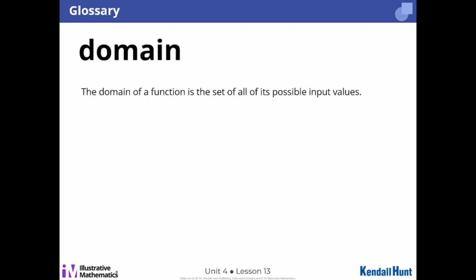Is the number I'm looking for going to be on the bottom of a fraction? Is it going to be inside of a radical symbol? So you've got to think about a bunch of different limitations on what numbers are allowed to be inputs, and then that gives you your domain.